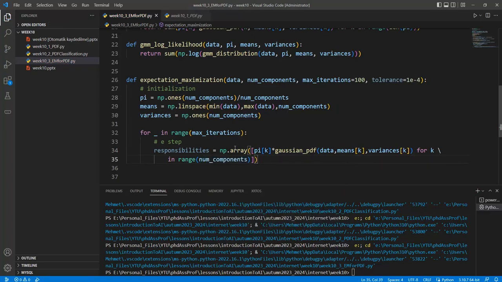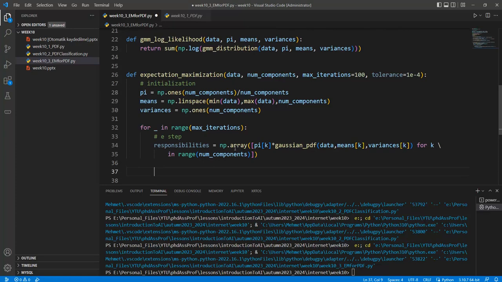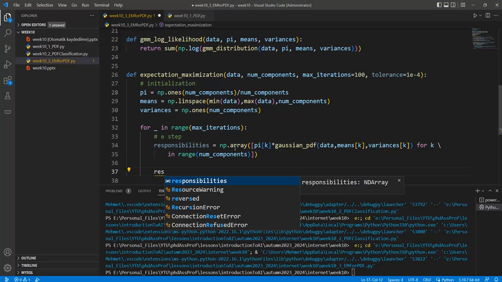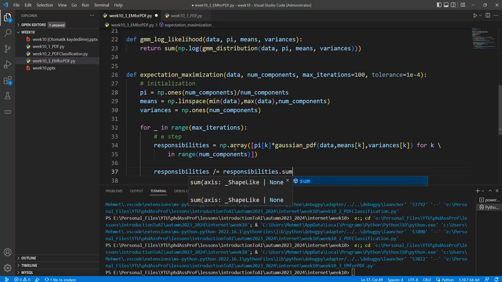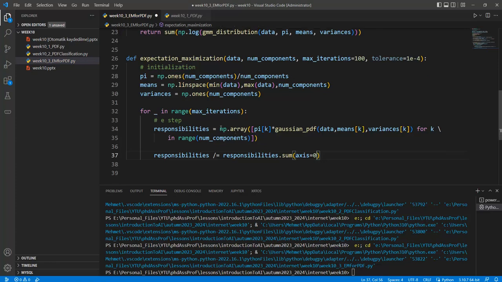Okay? This is the responsibilities. In each case, we should give this notation, and after that, these are the k components, and we should divide the responsibilities by the responsibilities sum, axis is 0, right? Total responsibilities. Yes, this is the expectation step.